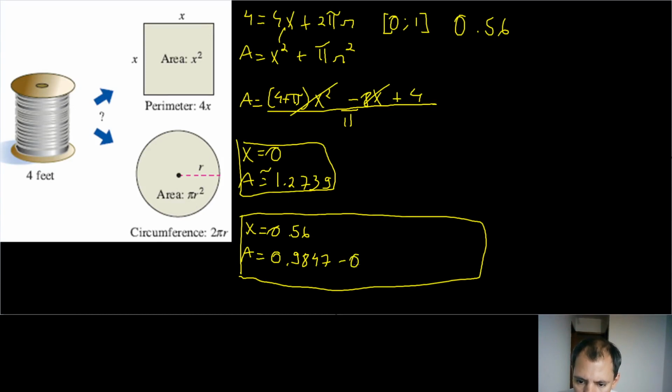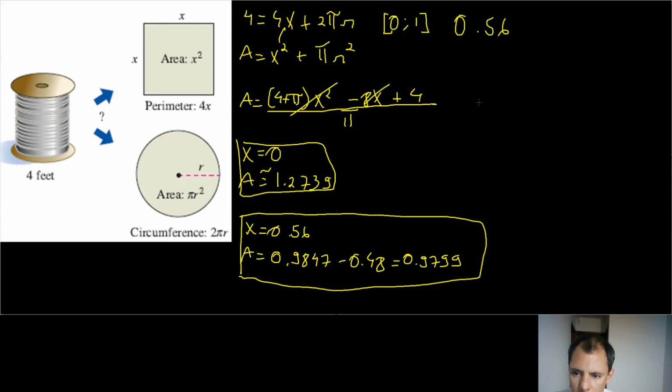So this is going to be 0.48. And here equals 9.9799. Okay. Yeah. So you can see that if I use x equals 0, that means that I don't have a square at all. I'm going to have 1.27 in area, which is larger than if I have a square with a side of 0.56.